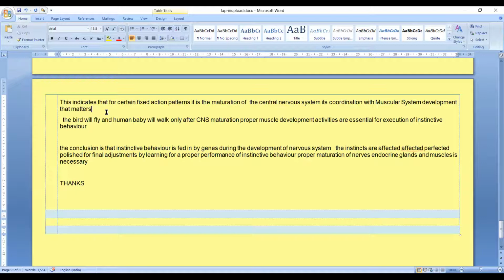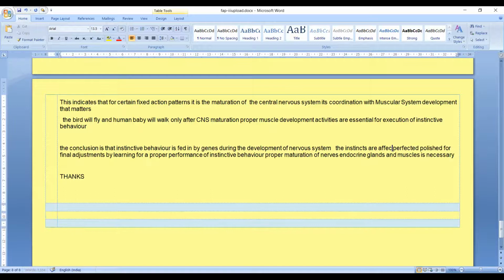The instincts are perfected, polished for final adjustment by learning. For a proper performance of instinctive behavior, proper maturation of nerves, endocrine glands, and muscles is necessary. Thank you.